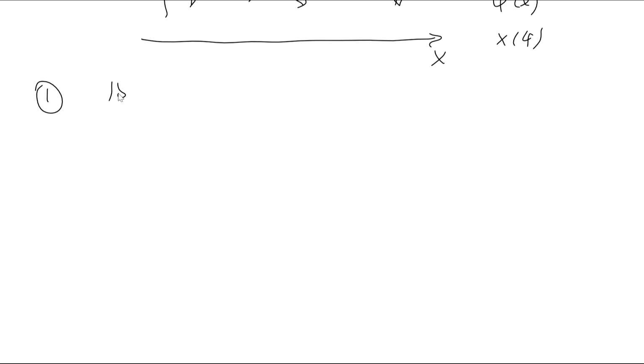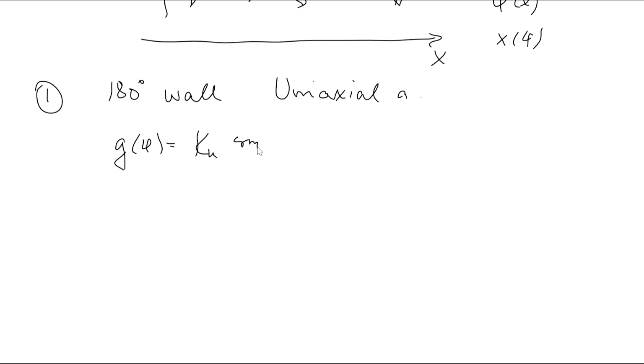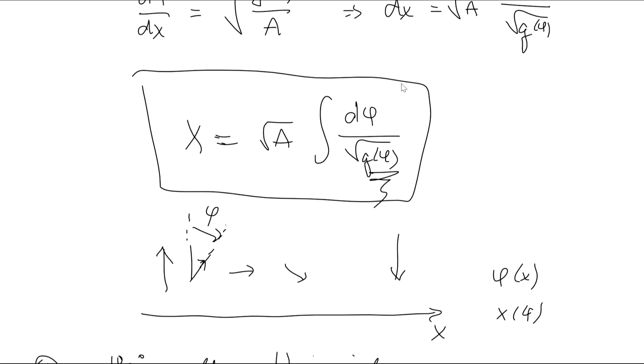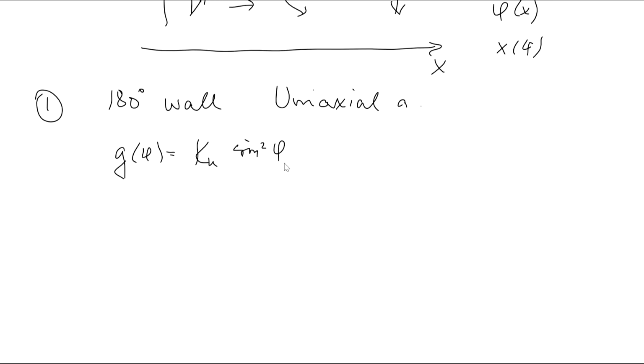First, a 180-degree wall, uniaxial anisotropy. For uniaxial anisotropy, g of φ is the uniaxial anisotropy constant K_u times sine squared φ. You can substitute it in this and integrate it.